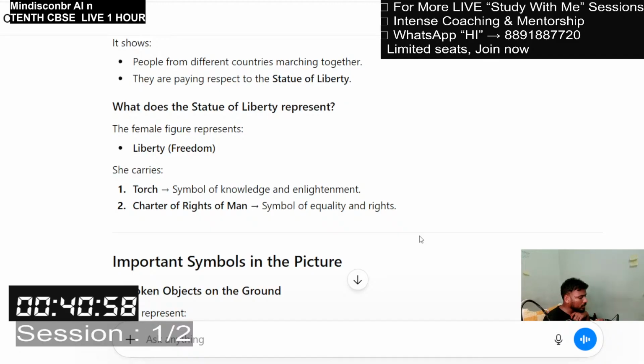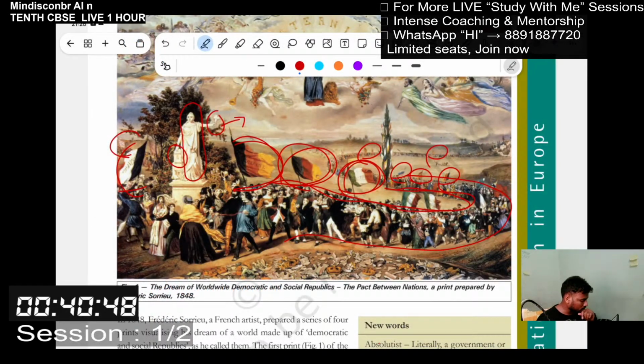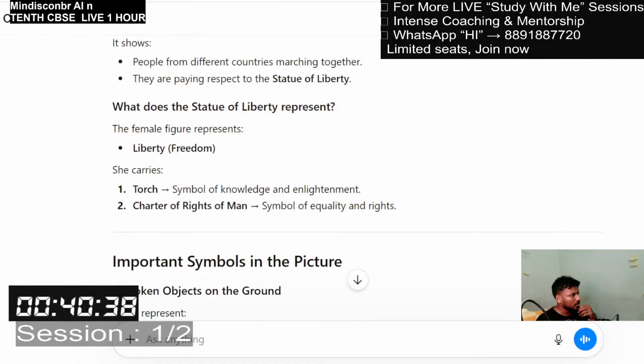The torch is the symbol for knowledge and enlightenment, whereas the charter of rights of man represents equality and rights. And the Statue of Liberty is a female figure, and the female figure represents liberty, that is freedom.